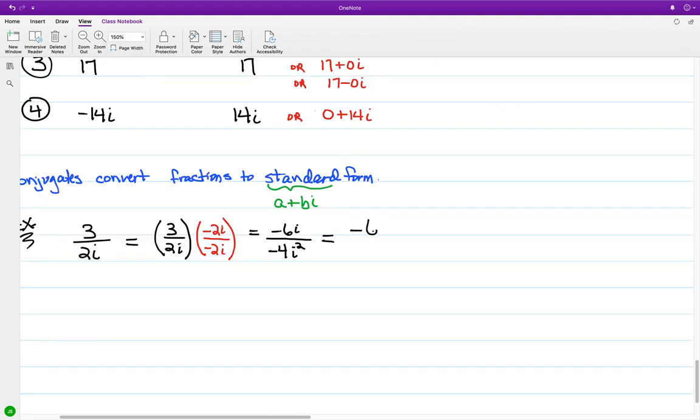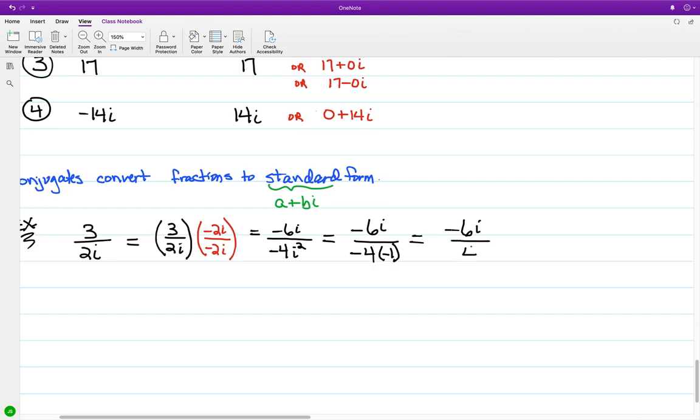So we still have negative 6i, negative 4i squared. So we have negative 4 times negative 1. So we have negative 6i over 4. So that is going to become negative 3 halves i. And just really contingent upon how Alex accepts some of these answers, this could also be written as 0 minus 3 halves i.